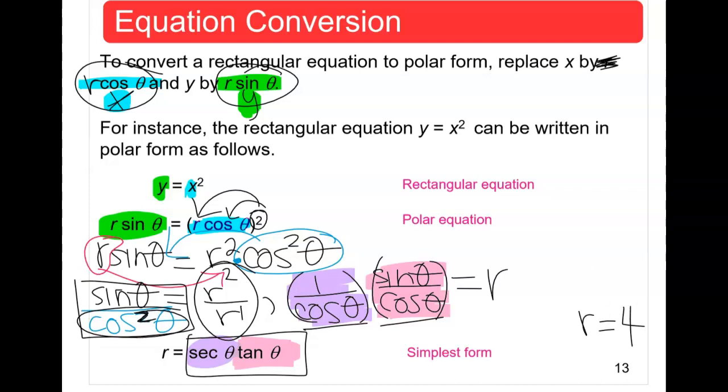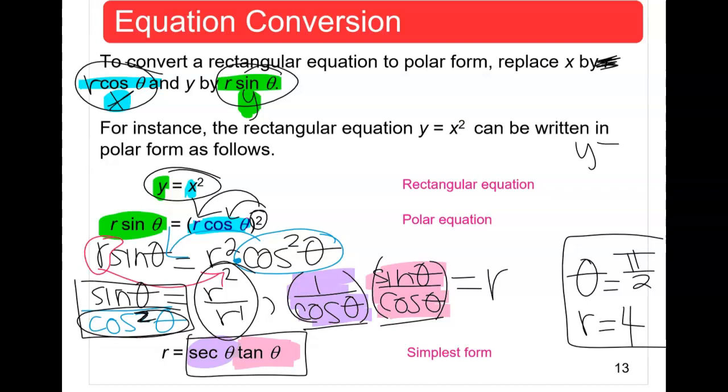Or sometimes we could just have theta equals pi over 2, or something like that. Just like when we have rectangular equations, we also have some that could be y equals a number, let's say 5, and that will be a horizontal line, or we could have something like x equals 2, and that will be a vertical line.